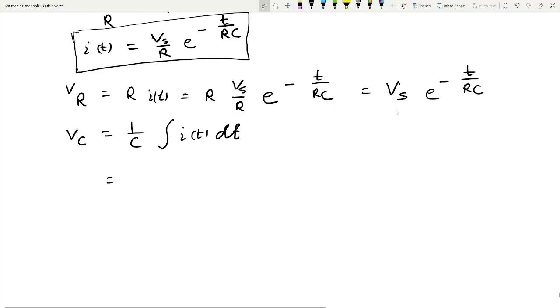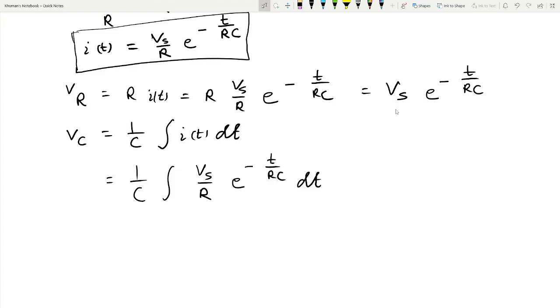So it is equal to 1 by C integration of Vs by R e to the power minus t by RC dt. This is Vs by RC e to the power minus t by RC divided by minus 1 by RC, plus k. Okay, k is the constant of integration.